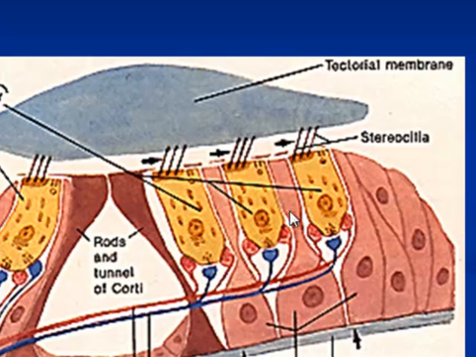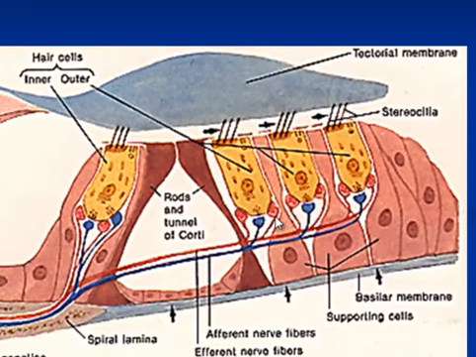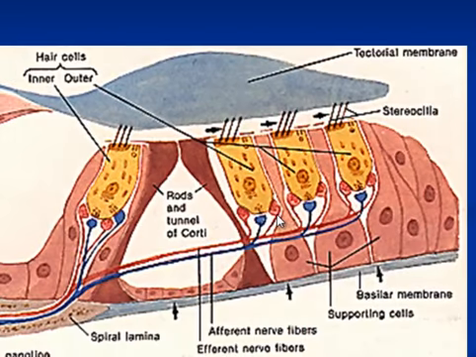As the basilar membrane pushes up into the tectorial membrane, these are going to be pushing back and forth, almost like a lever opening up these ion channels. So if the wave happens to be hitting at this spot along the basilar membrane, remember it's a very long thing, if the wave is really pushing up right at this spot and not other places, we're going to get a lot of pushing against the tectorial membrane.